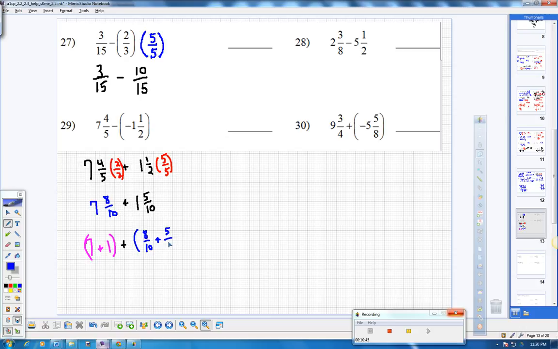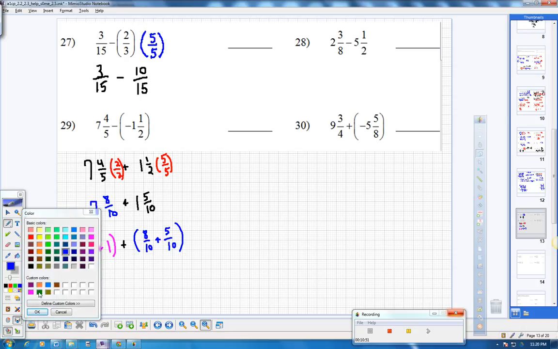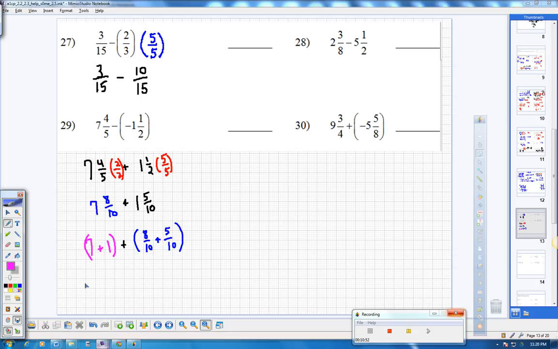Because you know that 8 plus 5 is going to give you 13. So because of that, you know that you're going to need to add some to this 8 right here. That 8 is going to be increased because I would now have 13/10. 13/10 does convert to 1 and 3/10.